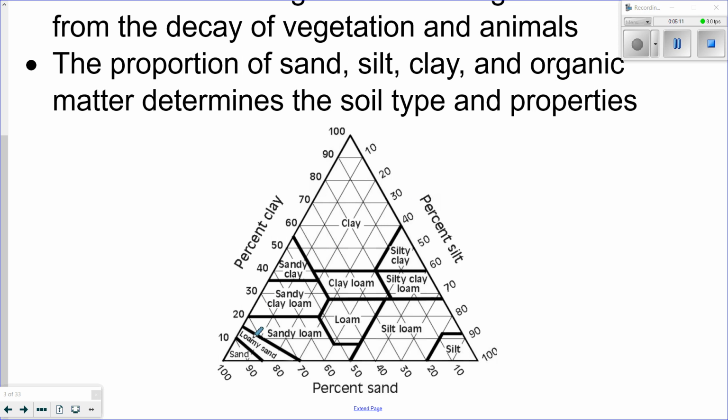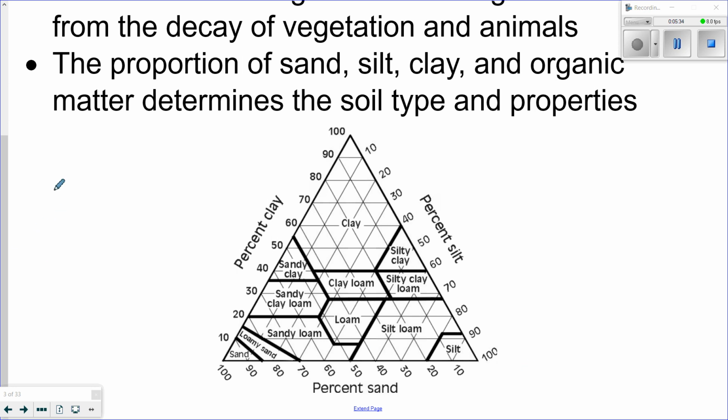But this triangle, it basically has three axes. One that is going to show us the percent clay, that's this left side of the triangle. The percent silt, which is that right side of the triangle, and percent sand, which is on the bottom. Remember that percentages of a sample should add up to equal 100.